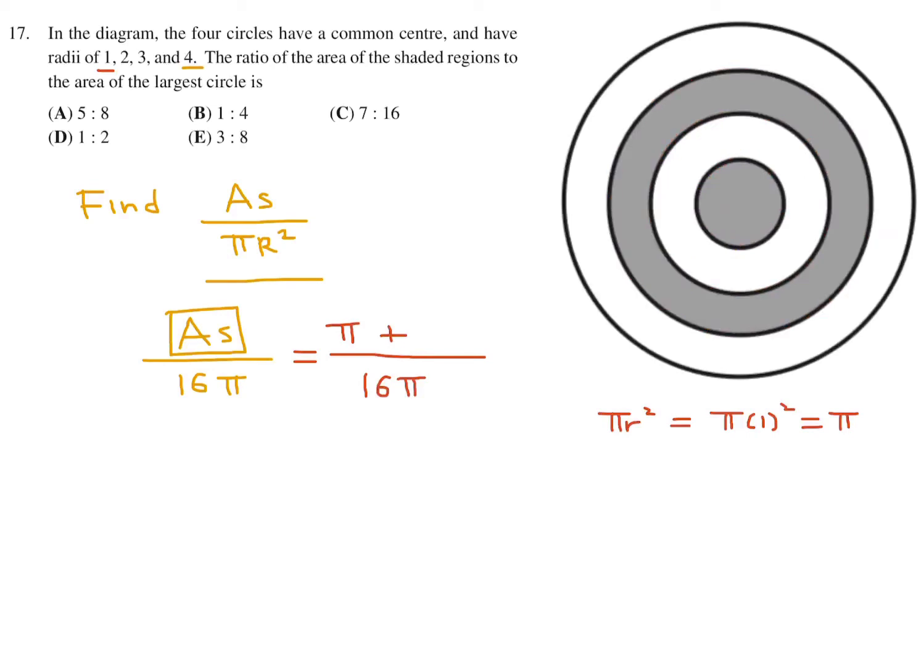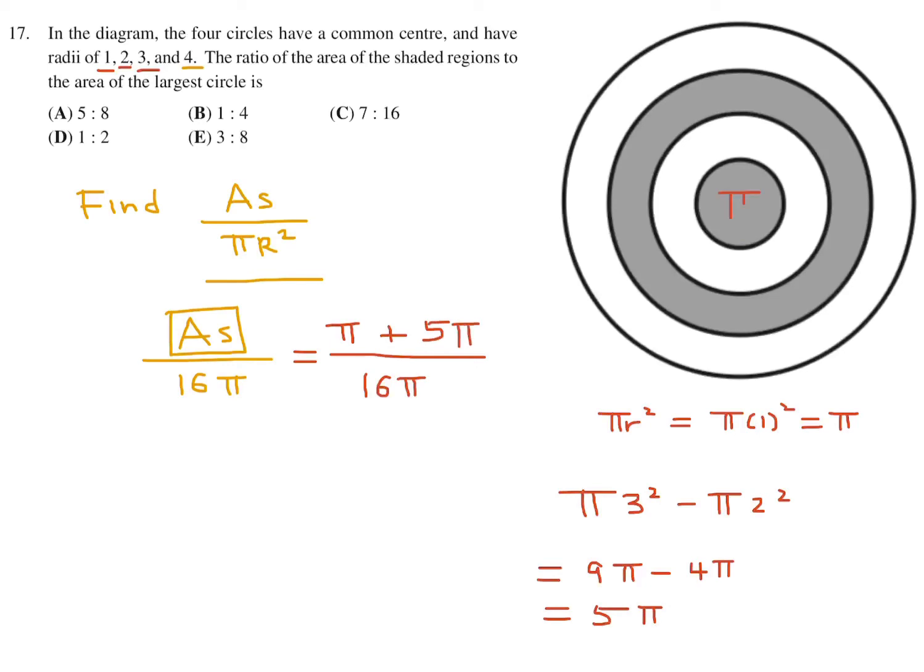That would mean it's pi, what is the radius of that third? It's 3. Pi 3 squared minus pi, this is going to have a radius of 2 right there, 2 squared. So this is 9 pi minus 4 pi, which is 5 pi. So 5 pi is the area of that shaded region.